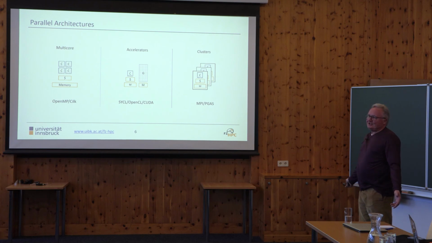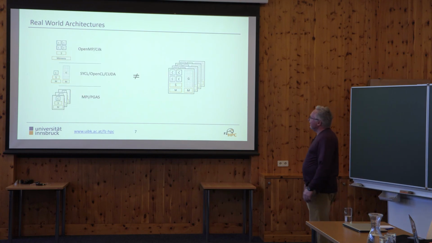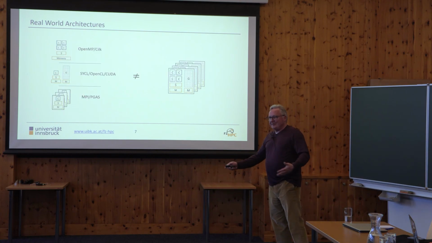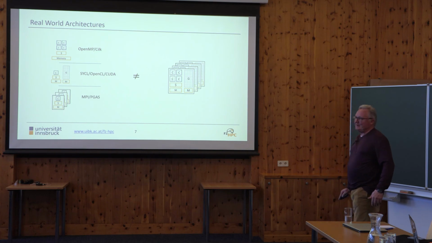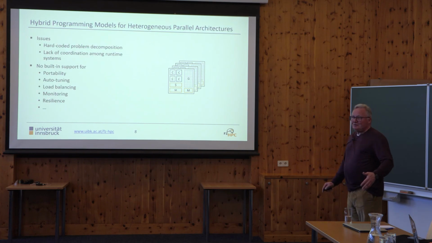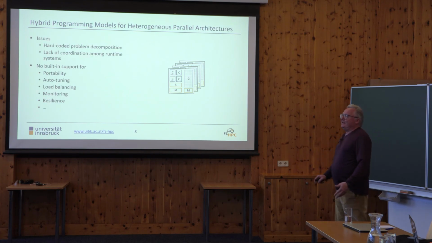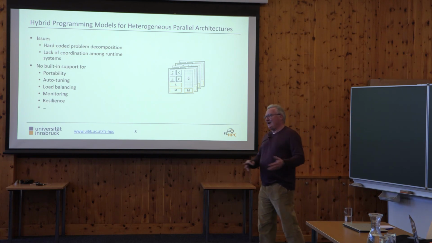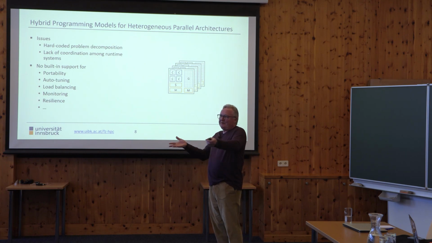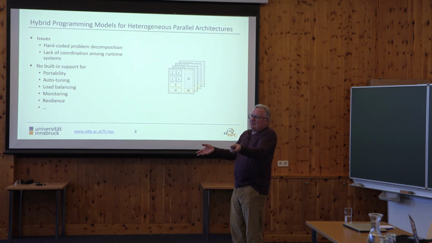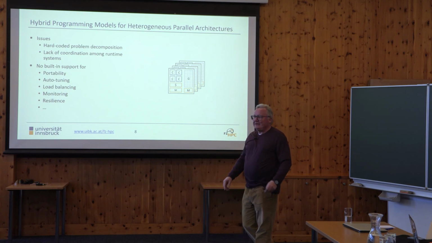But the target architecture is basically distributed memory systems with accelerators, okay? This is what we set out to address. And we saw at that time, and probably still see, mostly MPI plus CUDA, maybe plus OpenMP, so a combination of different programming models. And we wanted to do something different, okay? The idea is this: if you couple MPI with OpenMP or CUDA, once you switch from MPI to OpenMP, the OpenMP program doesn't know that there's an MPI program surrounding it.